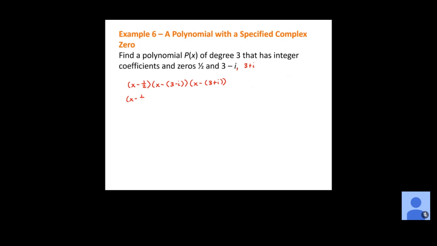So we're going to have x minus 1/2, x minus 3 plus i, and x minus 3 minus i. Now, whenever I've got complex numbers, imaginary values inside my factors, I'm going to start with those factors first because a lot of times stuff is going to cancel out and it'll make distributing the x minus 1/2 a little easier. So I'm going to do my box again since I've got 3 terms.